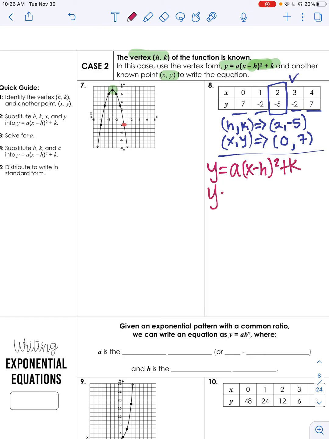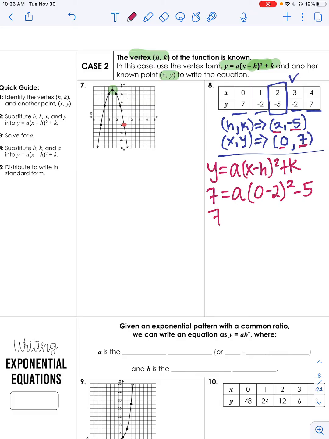All right, so let's substitute everything at first. So y is 7, all at one time. Again, x is 0. Then minus h would be -2, the quantity squared. Then k is going to be -5, so we'll put -5.